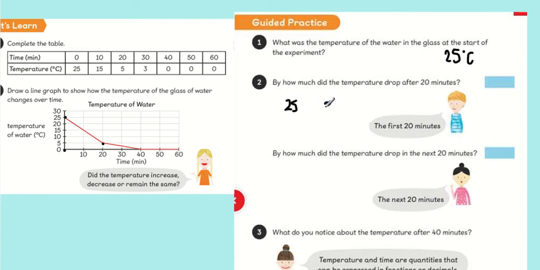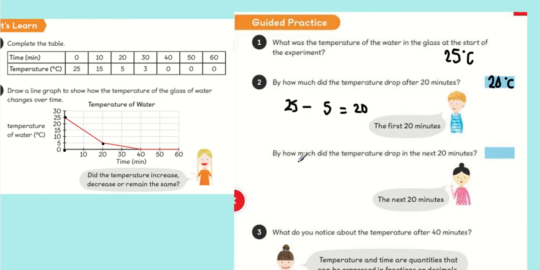Okay, so I need to find the difference between these two. 25 take away 5 is 20. So after the first 20 minutes, the temperature dropped by 20 degrees. Okay, you could also do that by going down from the 25 until you reach the 5.